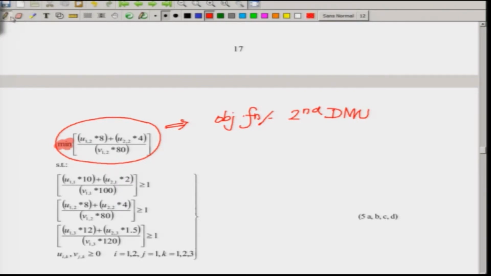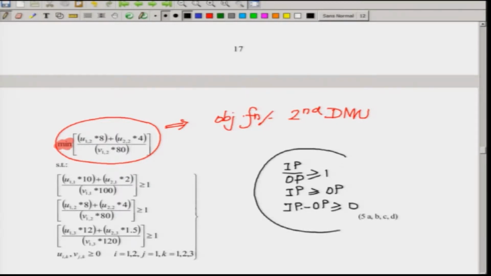Now, it is basically the input by output being greater than 1, input being greater than output, because I am taking it to the right hand side. So, input minus output is greater than 0.